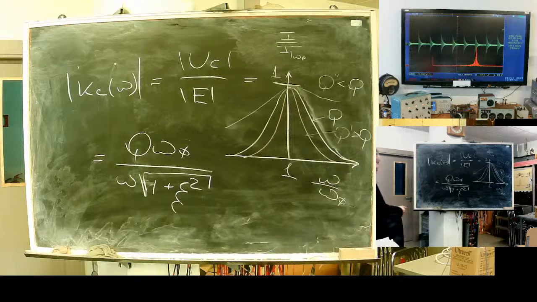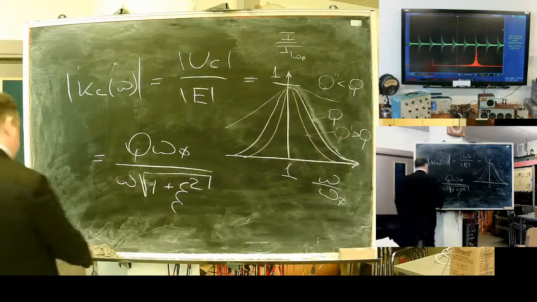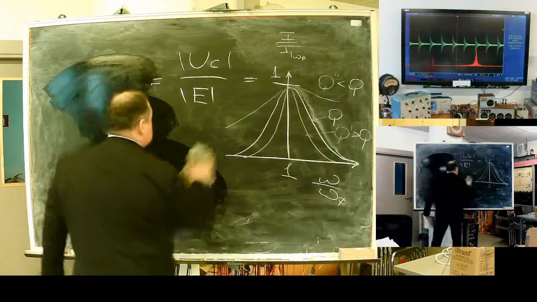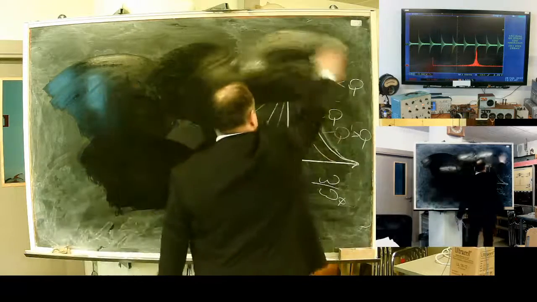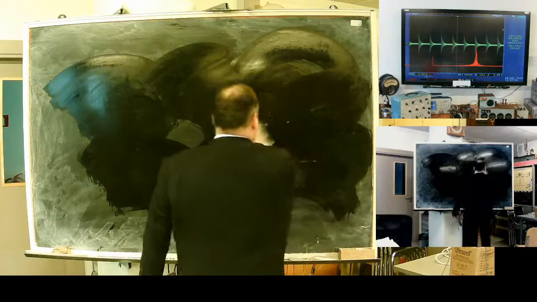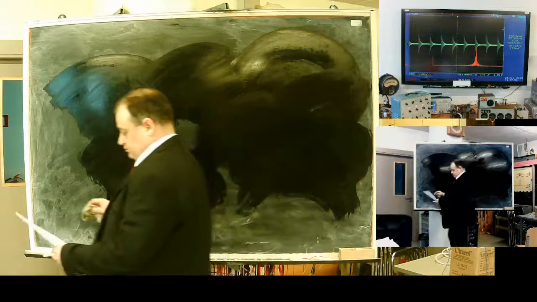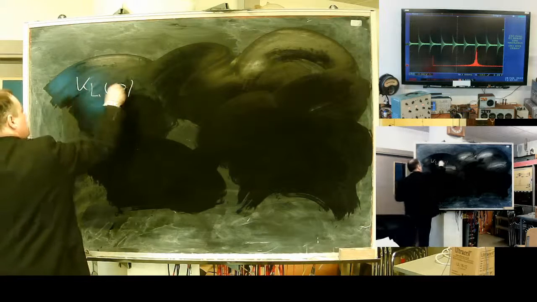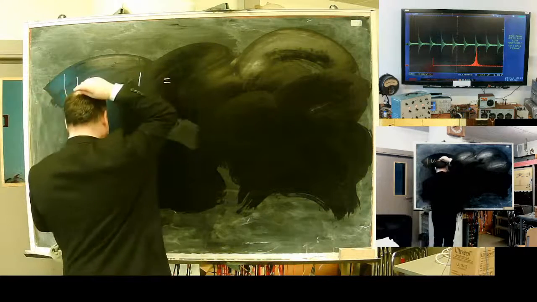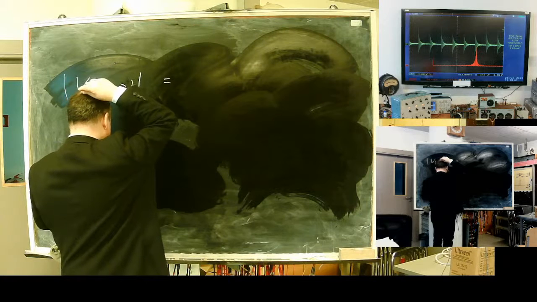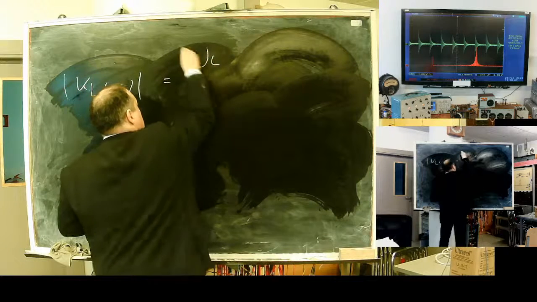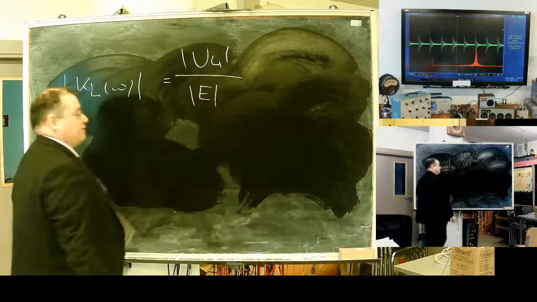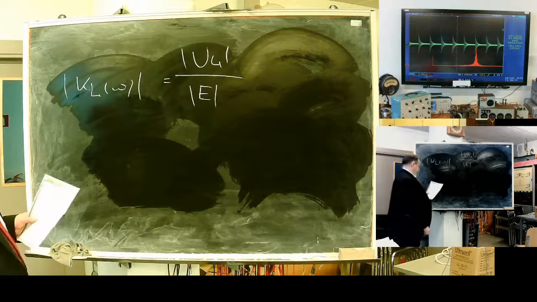Another way to get output is to use the coil voltage, or coil transfer coefficient, which is the absolute value of the coil voltage against the absolute value of the input.